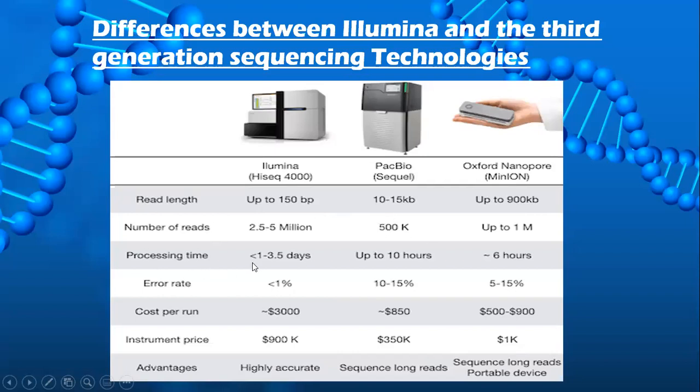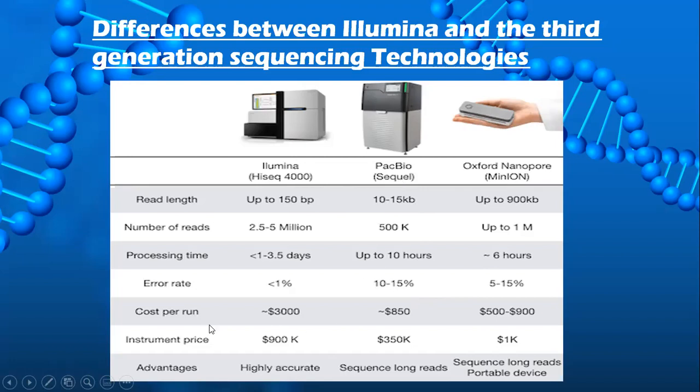The processing time is 1 to 3.5 days with the Illumina HiSeq 4000, whereas it is approximately 6 hours with Oxford Nanopore MinION and up to 10 hours with the PacBio Sequel. The error rate is less than 1% with Illumina HiSeq 4000, whereas it's between 5 to 15% with the Oxford Nanopore MinION and 10 to 15% with the PacBio Sequel.